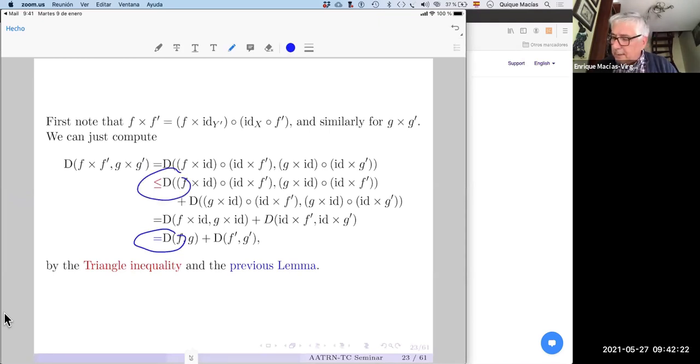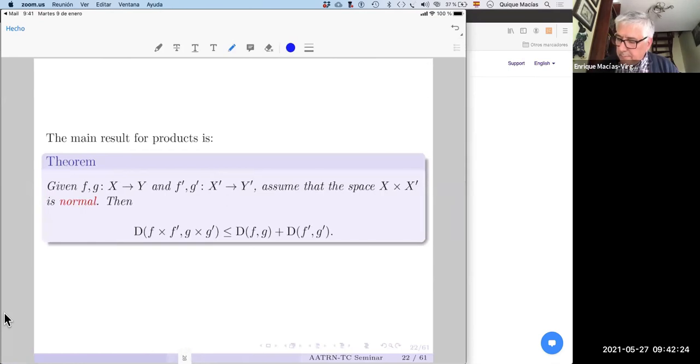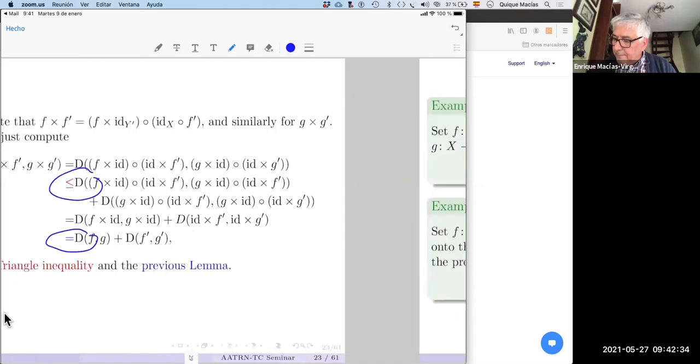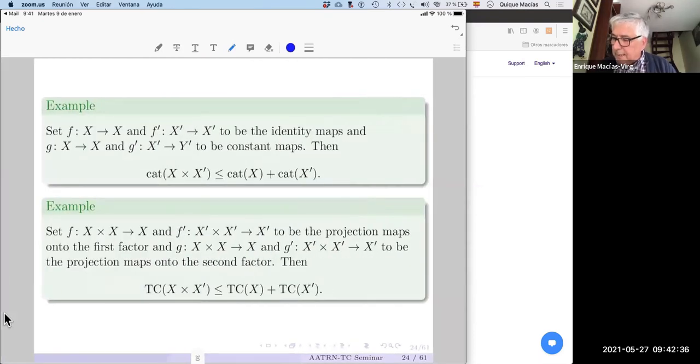So this is why this result is true, but you must assume that the product X times X prime is normal. So as particular cases, if you take the identity and a constant map, you obtain the similar result for the category of a product. And if you take the projections, you obtain the result for the topological complexity.